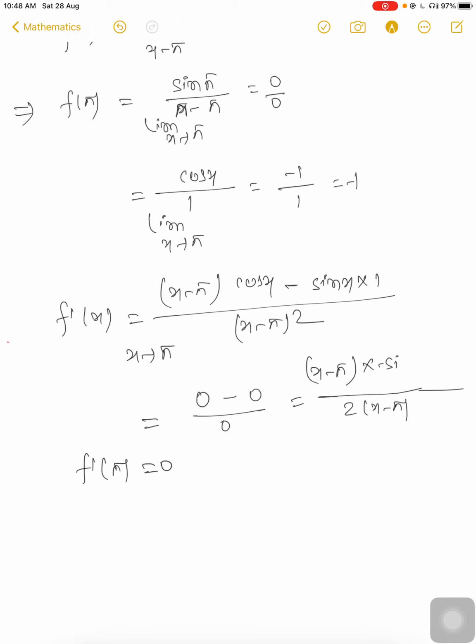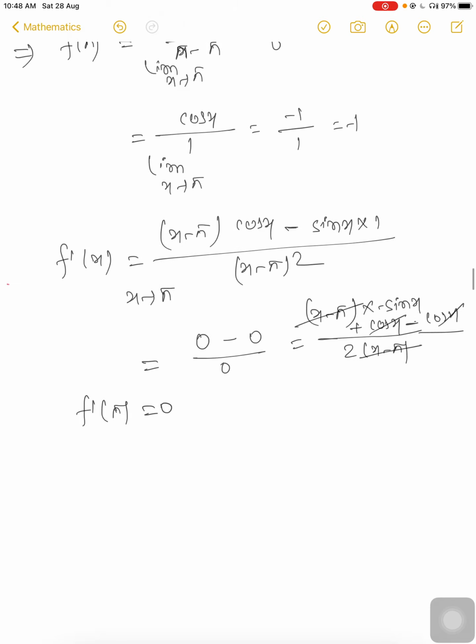From above you will get x minus pi into minus sin x plus cos x, and minus cos x, which cancels out. As x minus pi cancels out, when you put pi, you will get 0.